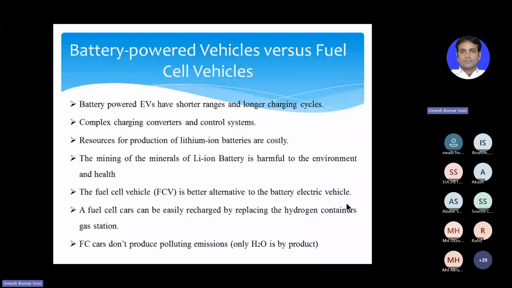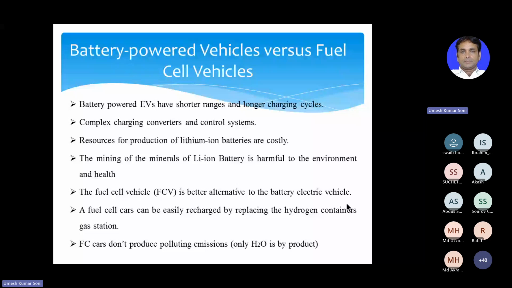So fuel cell electric vehicles are a better alternative to battery electric vehicles, as we can have a bulk energy source in the form of instantly filled fuels in the electric vehicle. A fuel cell car can easily be recharged by replacing the hydrogen containers in the gas stations.